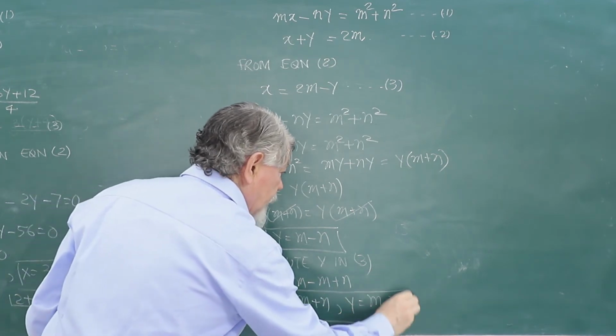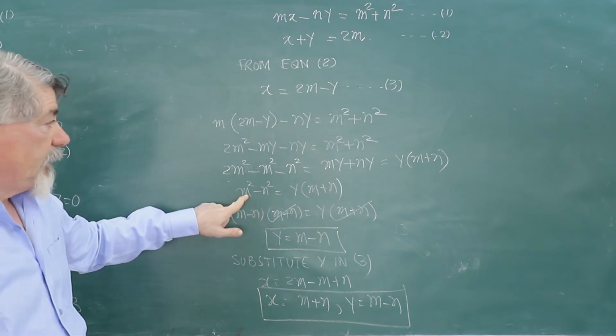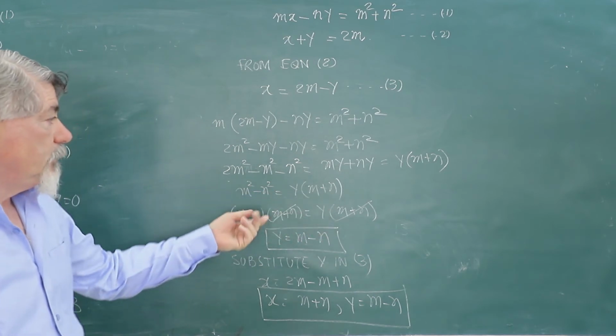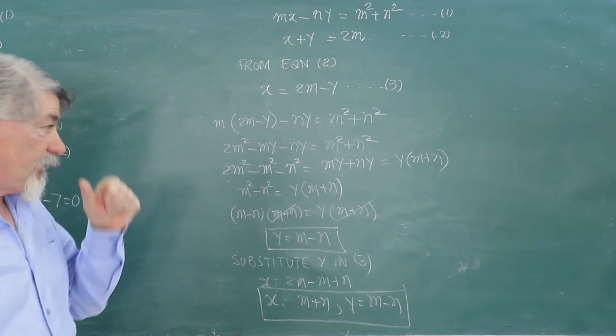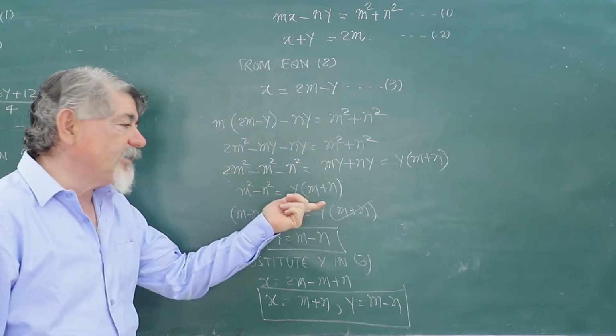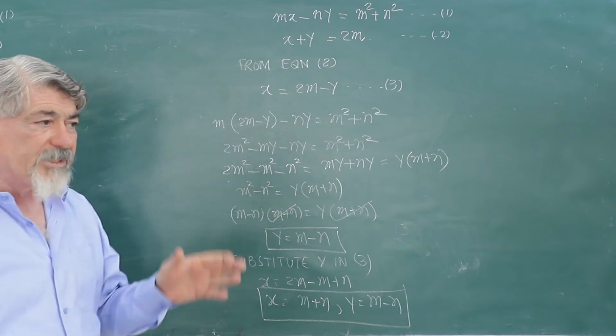It is important to remember that if it was coming m square minus n square and this side m plus n, you could have written y is equal to (m square minus n square) upon (m plus n), and you would have left it here. No, please simplify it to the most basic form.